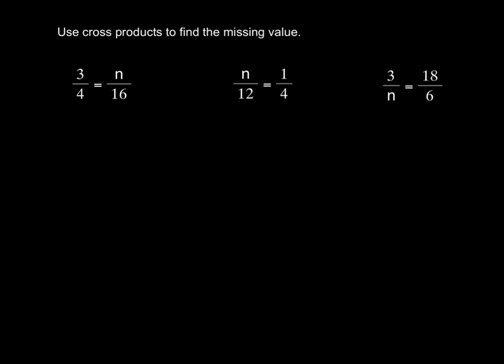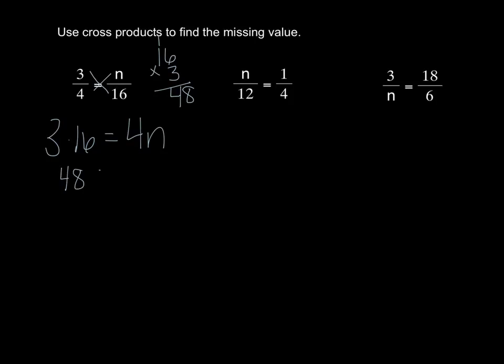Let's do some more. Use cross products to find the missing value. This is where we'll see it a lot. My first step is to write it out: 3 times 16 should equal 4 times n. So 3 times 16 is 48, equals 4n, because when I'm doing 4 times n, I don't need to write my multiplication sign down.